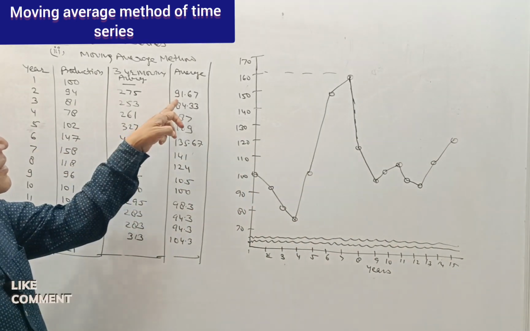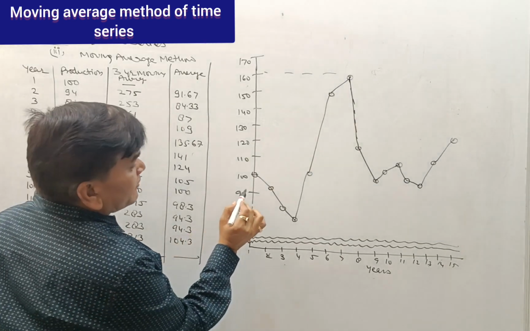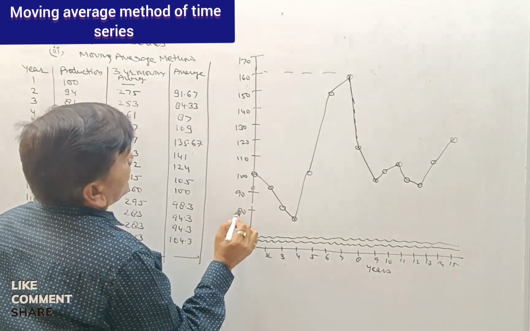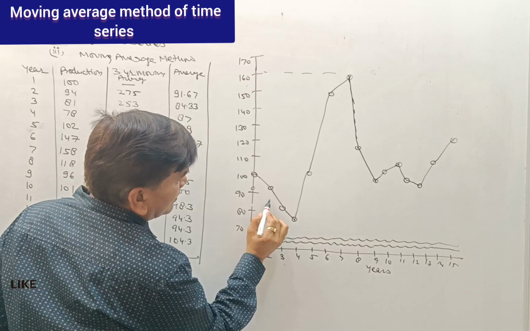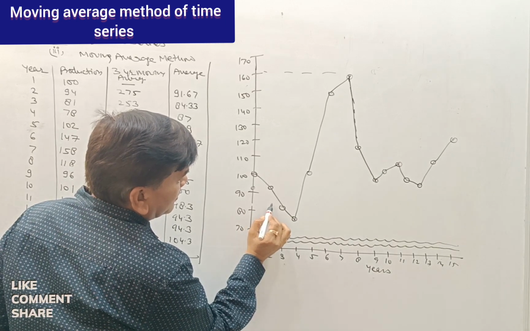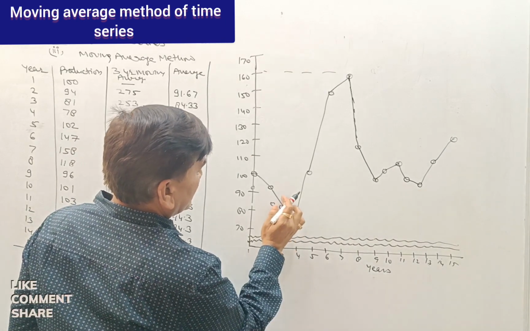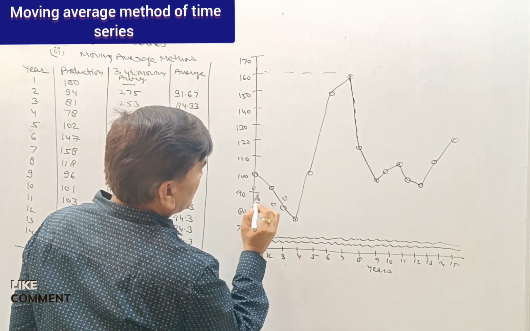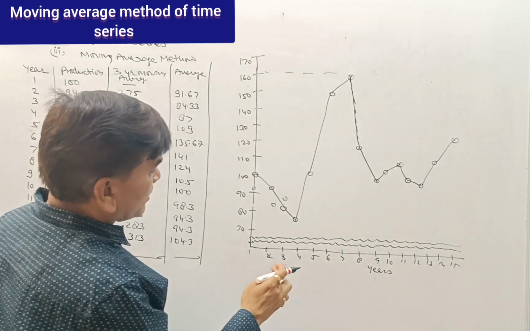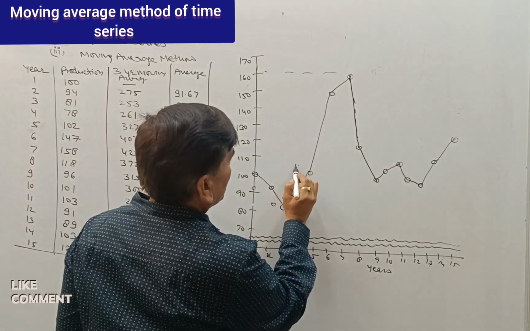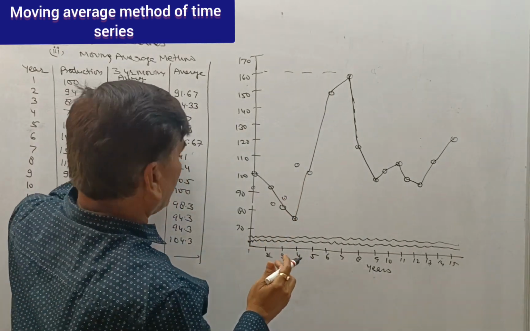And this is the average. The average is 91. Then 84. Then 87 for the third. Then 109 for the fourth. Then 135 for the fifth.